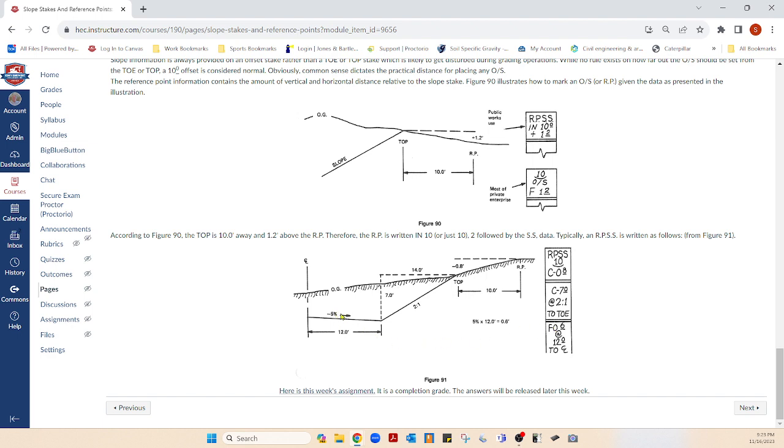This is a 6, believe it or not. Let's just see if it is. So if this is 12 feet, if this is minus 6%, that's 0.06.